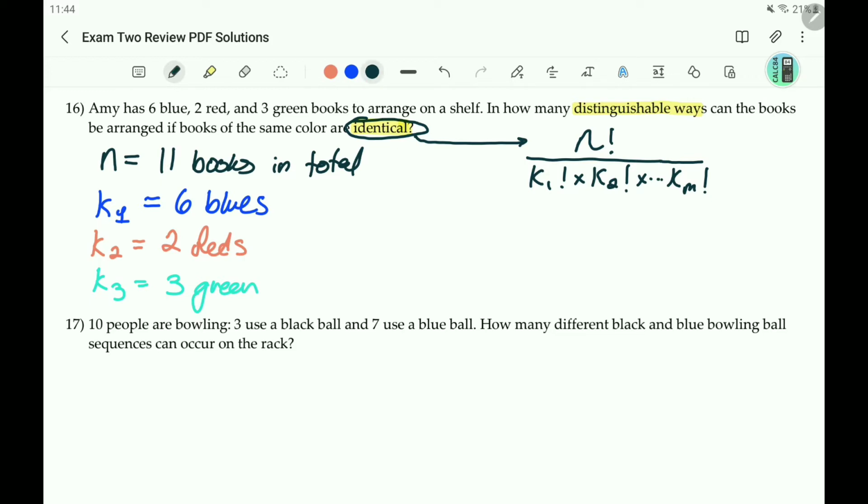To find our distinguishable permutation, we can now plug the values into our formula. That is going to be 11 factorial on top, divided by K1, which is 6, so 6 factorial, times K2, which is 2, so 2 factorial.